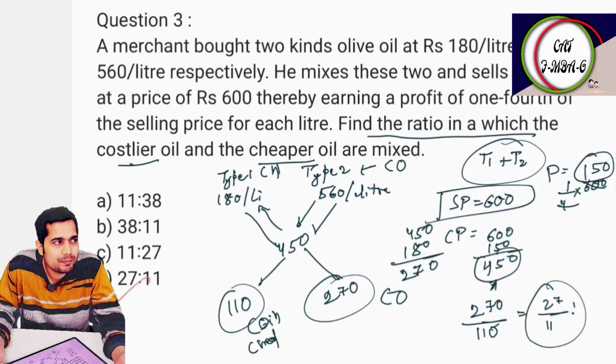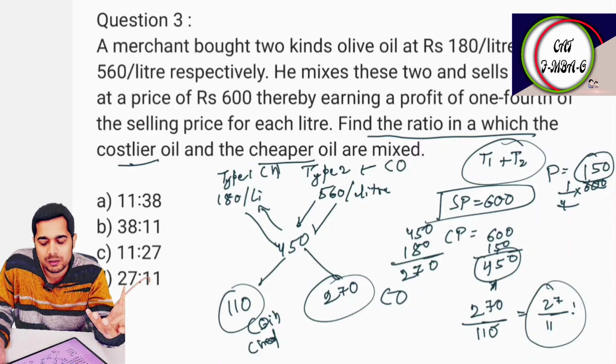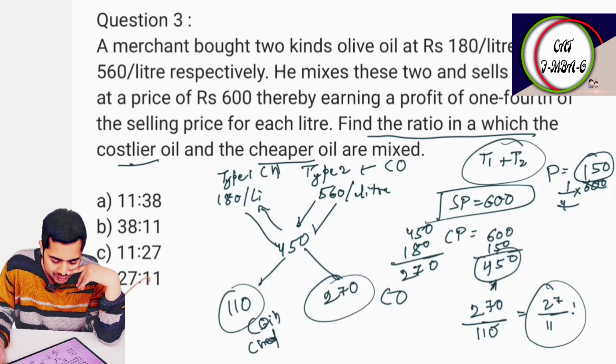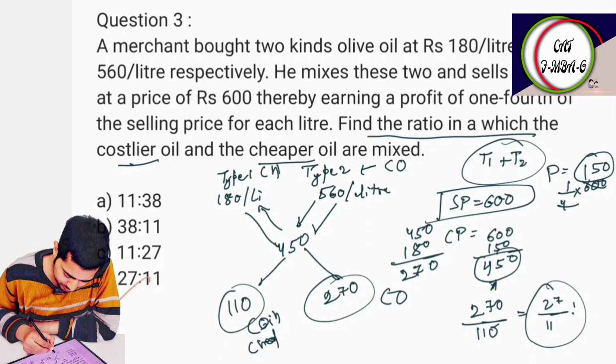So you saw that by using the method of alligation, you could have easily done this. There are a lot of other methods also, and if you want to see that other method, I can also show you. Instead of doing like this, what you can assume is that they are mixed in the ratio m is to 1.